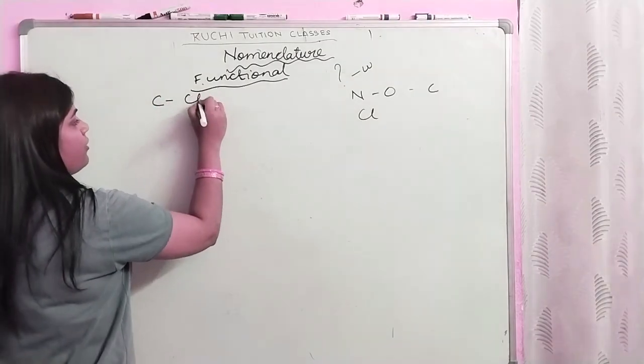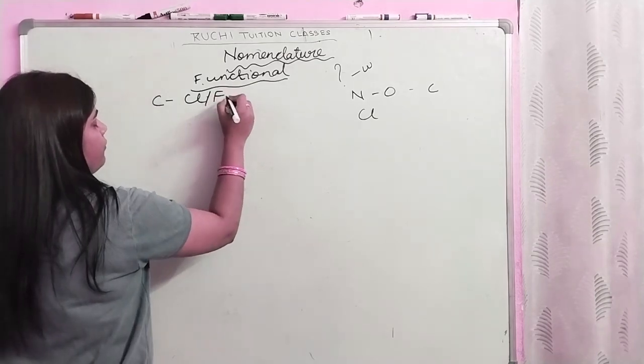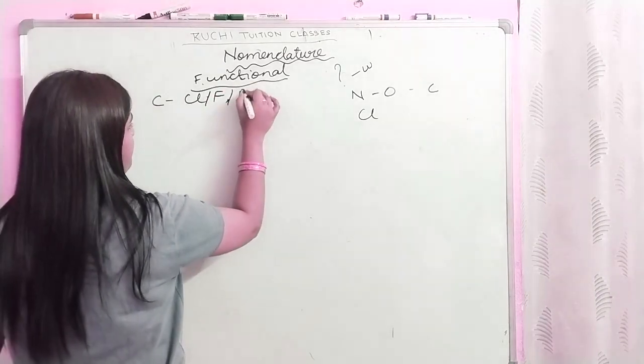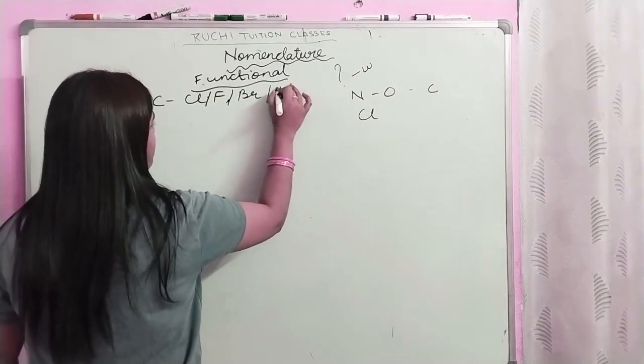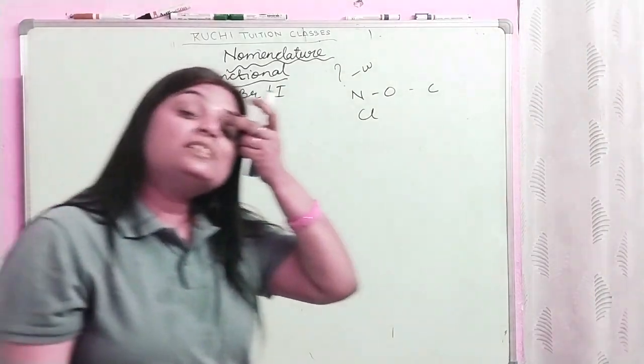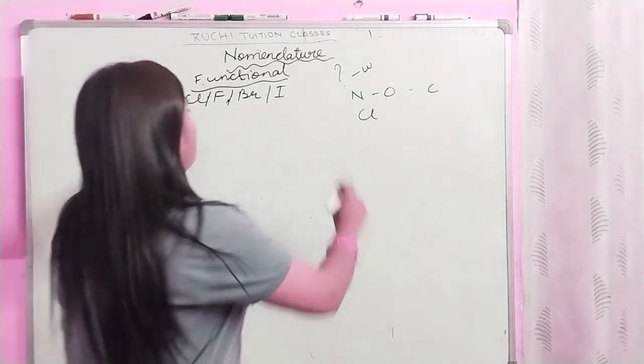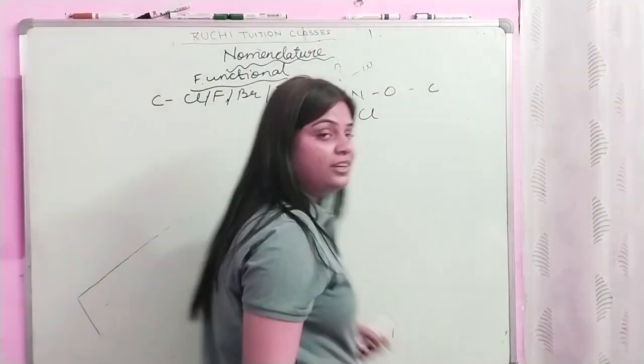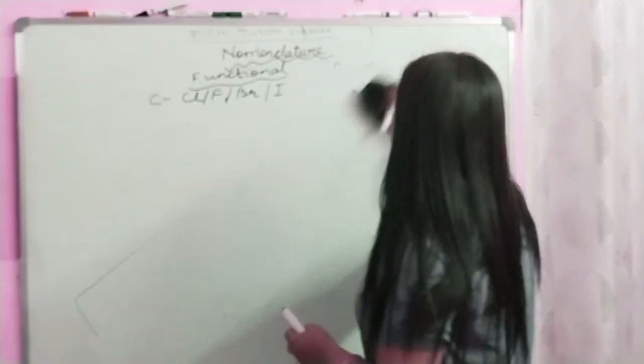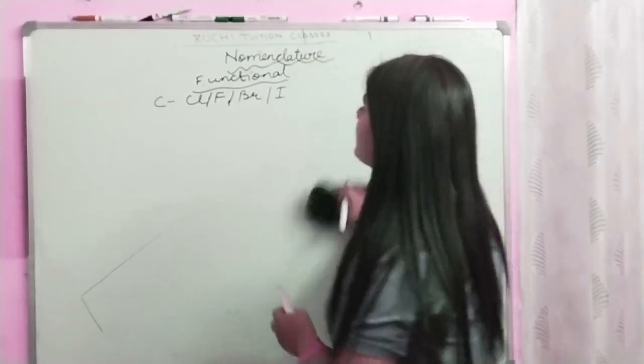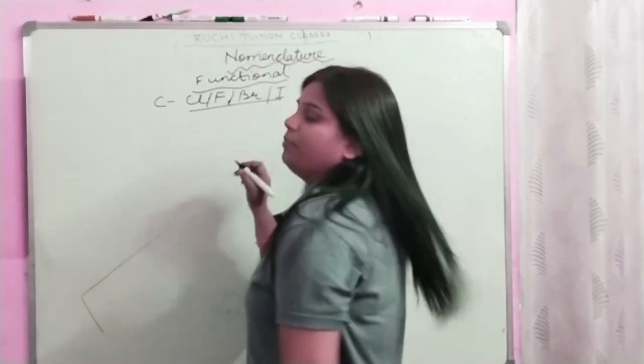Halogen means chloro, fluorine, bromine, iodine. This halogen group attaches with carbon and gives names like chlorohydrocarbon, fluorohydrocarbon.